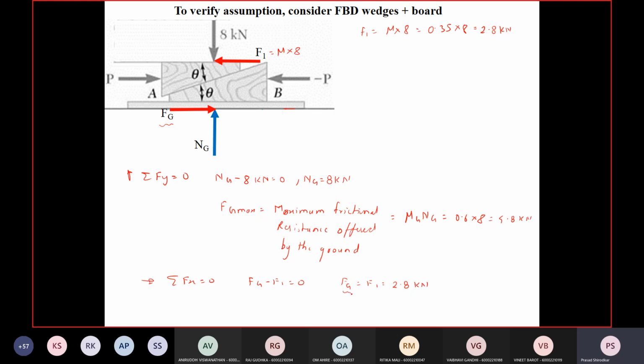So the frictional force which is generated is 2.8 kilonewtons, which is less than the maximum frictional resistance offered, that is 4.8 kilonewtons. So we are okay. All right. So P is equal to 8.892 kilonewton. This is okay because the system is not moving when these forces are generated.